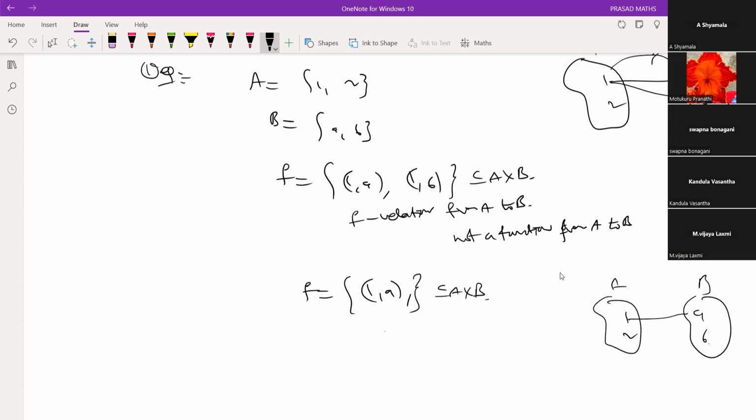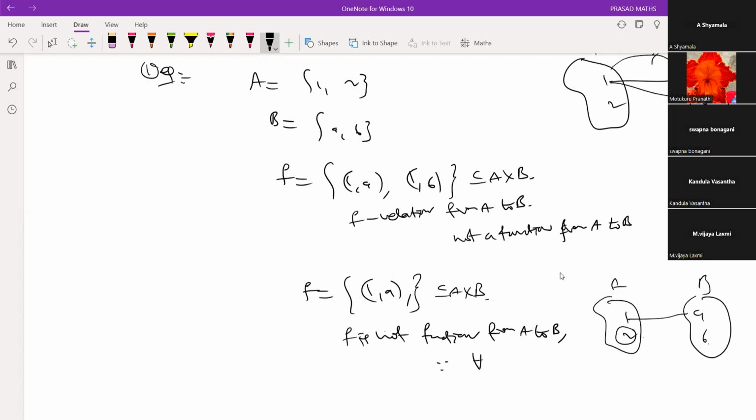One is related to a, one is mapped to a itself. But the element 2, no element of B is mapped to 2, right? So 2 has no images. In particular, 2 is not related to any element of B. Therefore, 2 is missed, so F is not a function from A to B. Why?